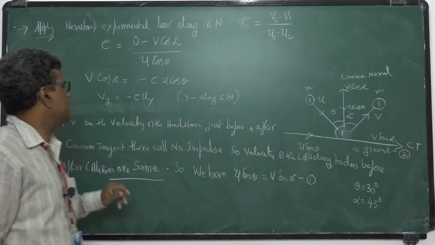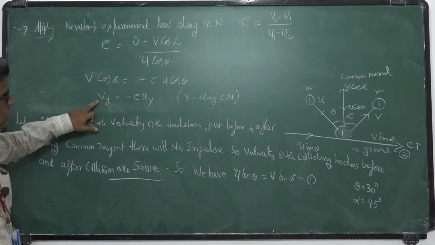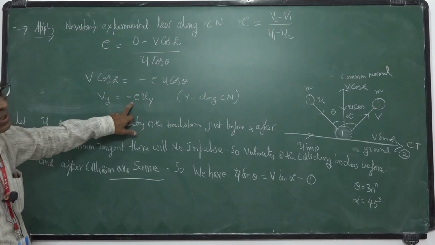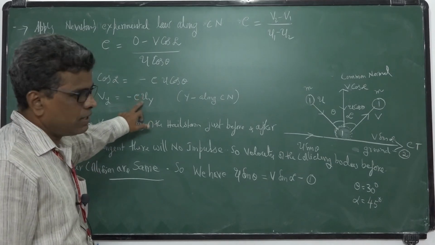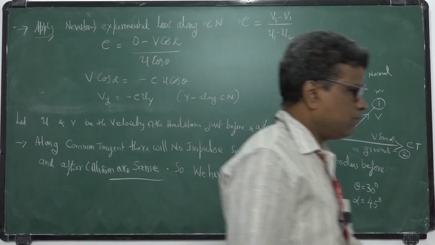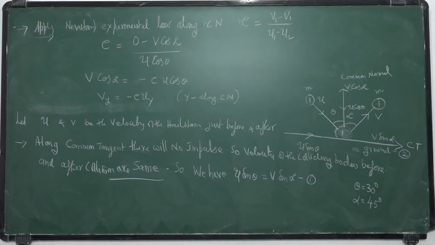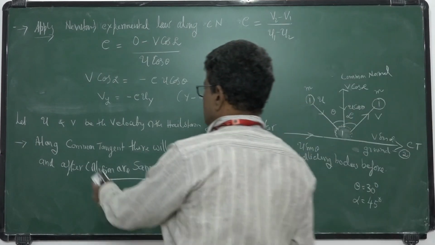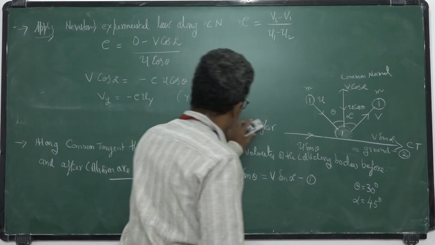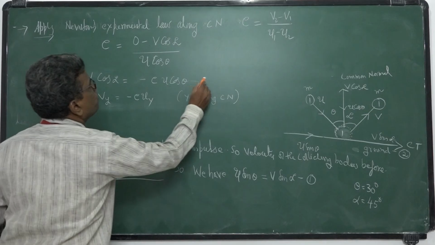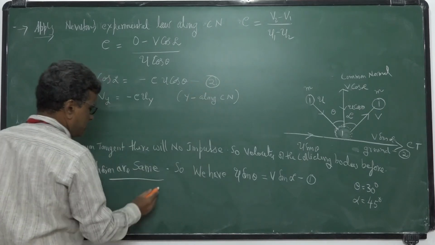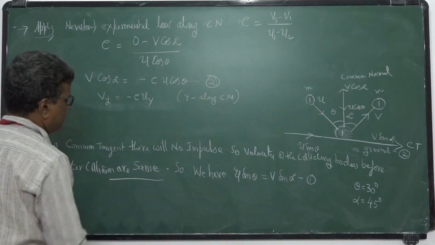So along Cn, the velocity of the ball after collision is E times the initial velocity. This is a very important shortcut in problems. This is equation 2; equation 1 I have written.